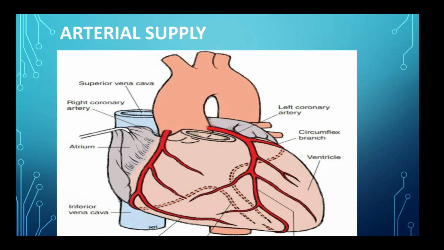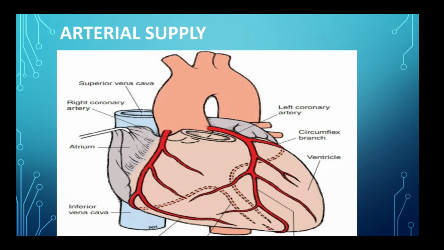At the beginning of the ascending aorta, there are three dilations or swellings called aortic sinuses. The right coronary artery arises from the right aortic sinus and the left coronary artery arises from the left aortic sinus.